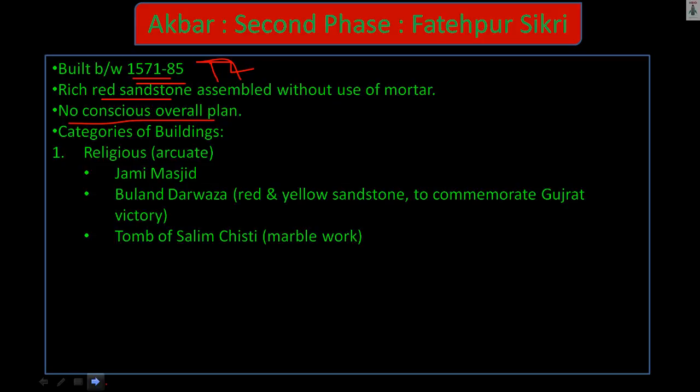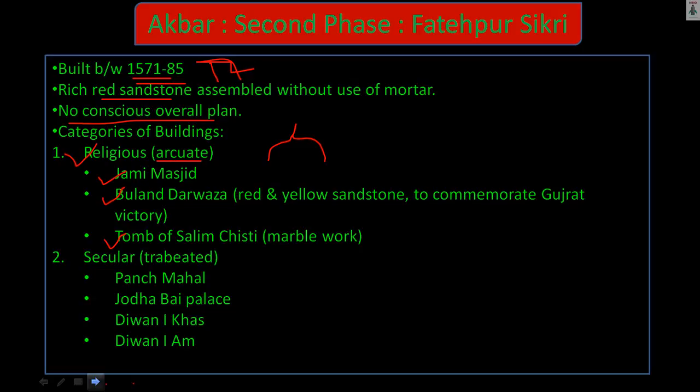There are three categories of buildings. First are the religious buildings, and they have arcuate arches. In the previous slides we understood the meaning of arcuate and trabeate. A true arch like this is called an arcuate. The three buildings were Jama Masjid, Buland Darwaza, and Tomb of Salim Chishti. We will see them in detail in the next slides.